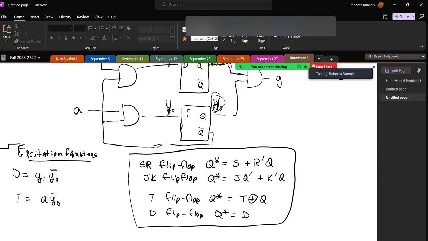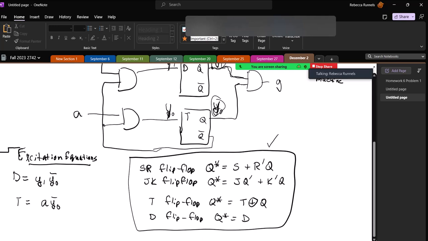Okay, so those are my excitation equations, but to get my next state equations or my transition equations, I have to also use this right here. So this tells me that my top one was Y1. Y1 is D, and Q star is the same as D, so Y1 is just going to be little y1, not Y0.